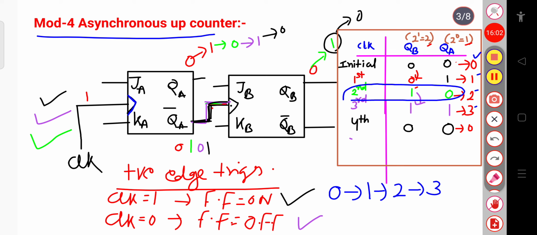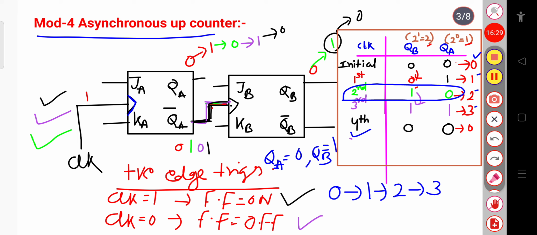In the second clock pulse, QA equals 0 and QB equals 1. This type of question may be asked. It may also be like, after the nth clock pulse, what will be the result? After the fourth clock pulse, it gets repeated. In that way, you can calculate.